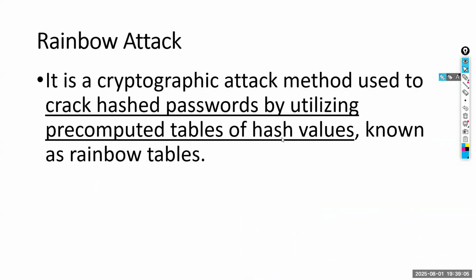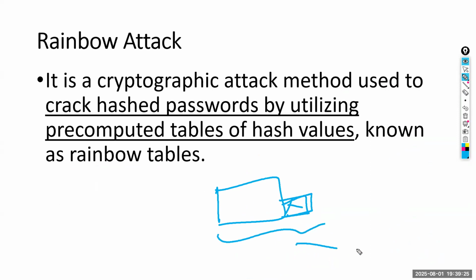Right. So the next one is rainbow attack. Remember we discussed that in hashing, we save the password with a hash value, right? And also to make it a little bit stronger, we can add another string and then take the hash and so on.